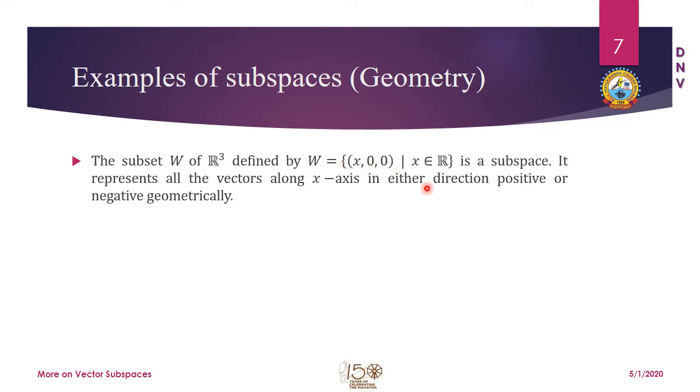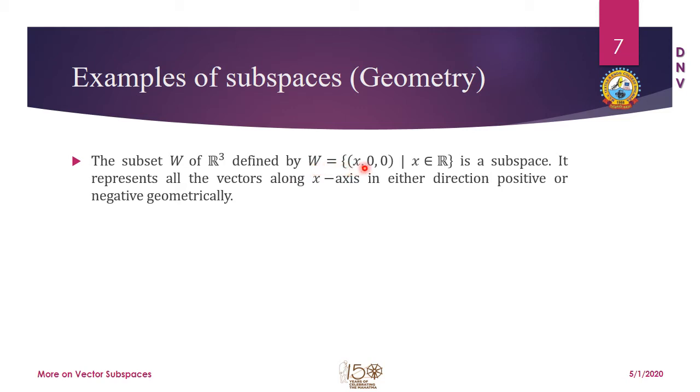Second, if I take two similar elements (x, 0, 0) and (y, 0, 0) from this set, then their sum (x plus y, 0, 0) will again be of the same shape, same form, and hence we can say that the sum of two elements is again in the set W, so it is closed for addition.